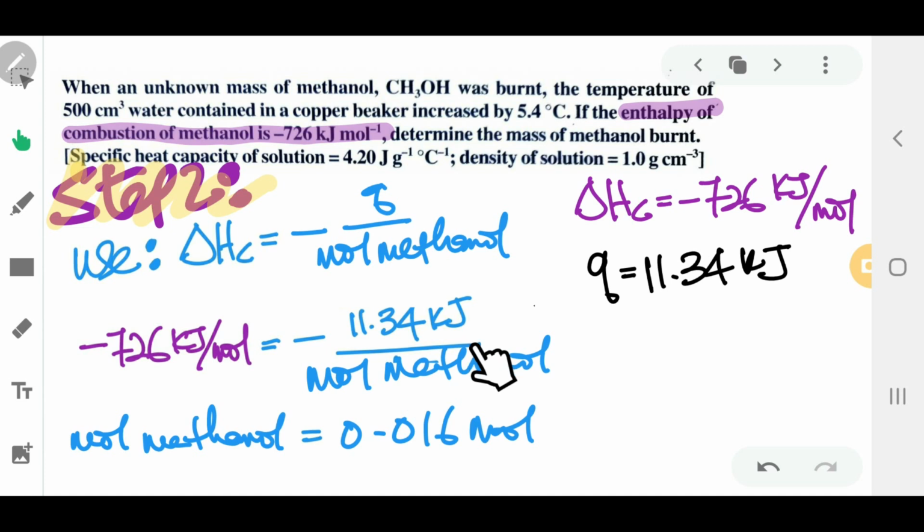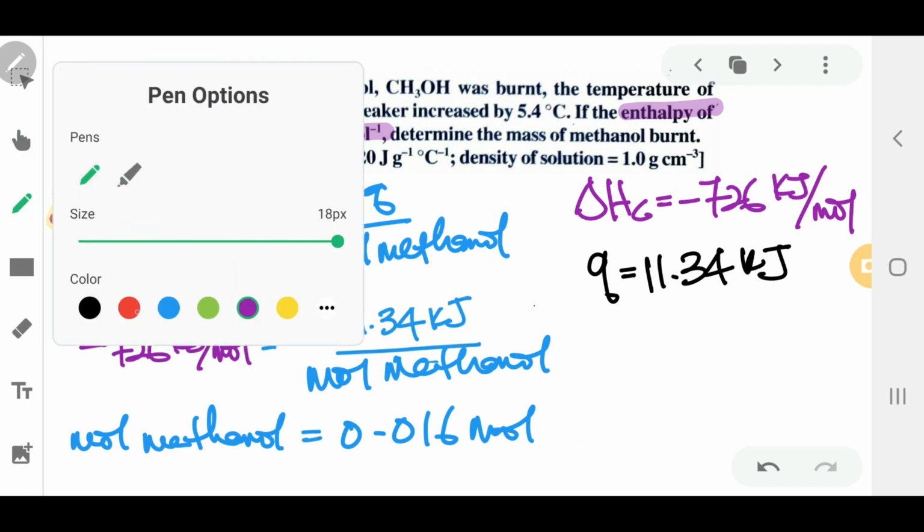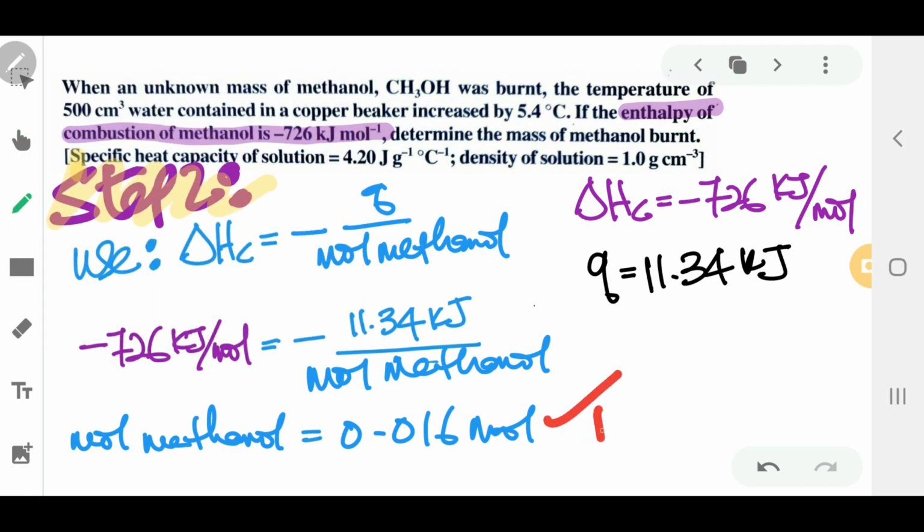When you switch this to the other side and this to the other side, you should be able to get the number of mole of methanol equals 0.016. So for this, you will get 1 mark, and that one will give you another 1 mark as well.